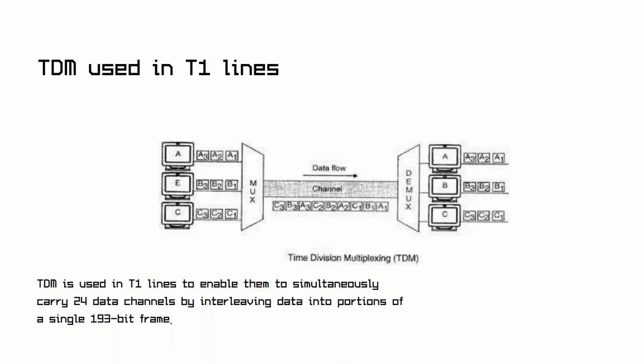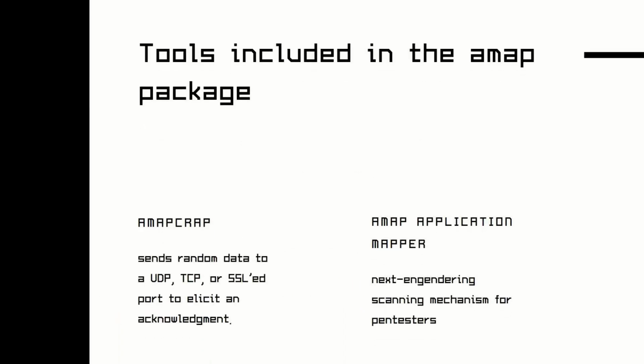Let's get moving into the next slide. We'll see what we have in the next slide. Well, in the next slide we have the tools included in the Amap package. The tools included are Amap graph and Amap application mapper.